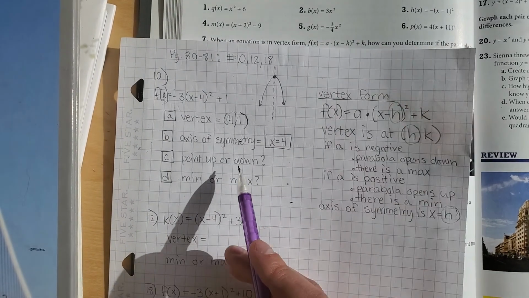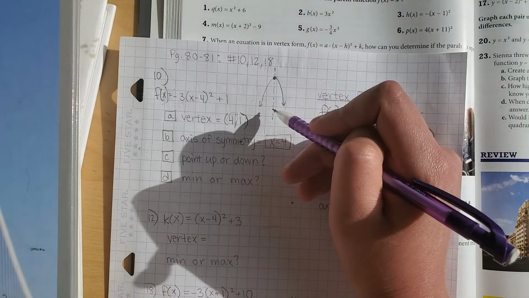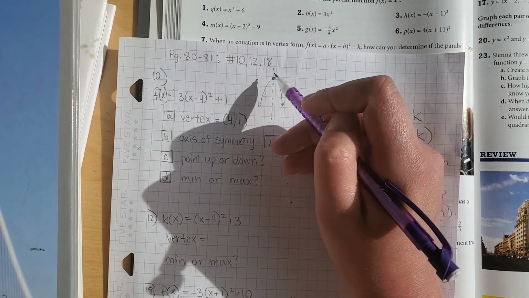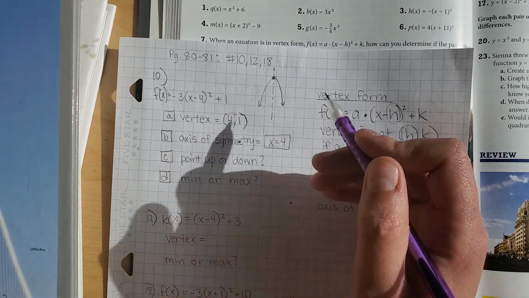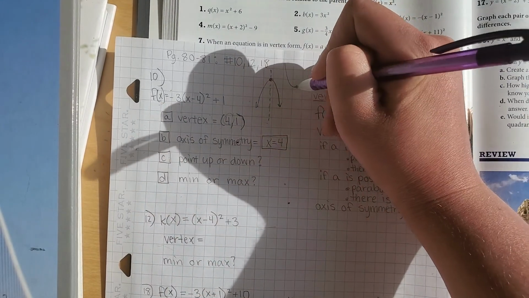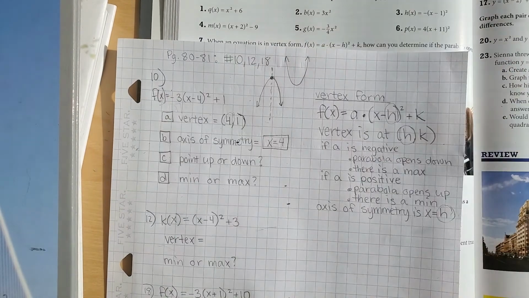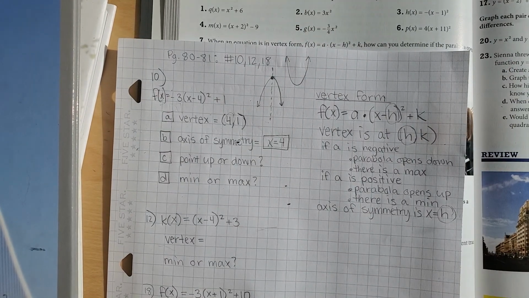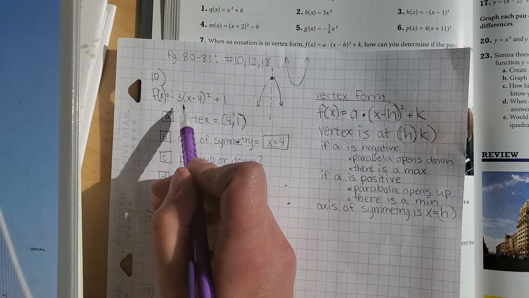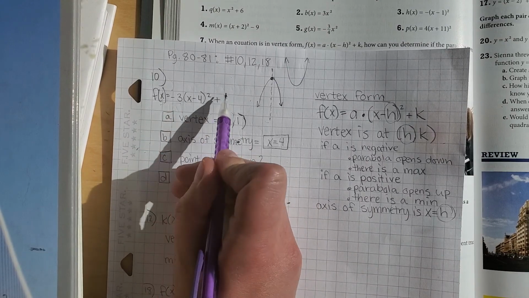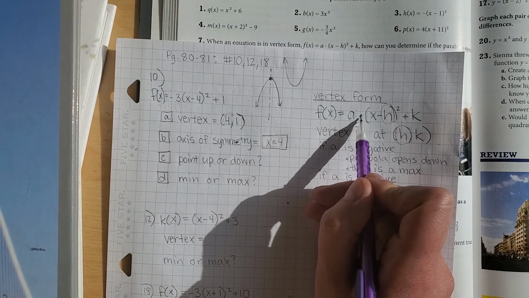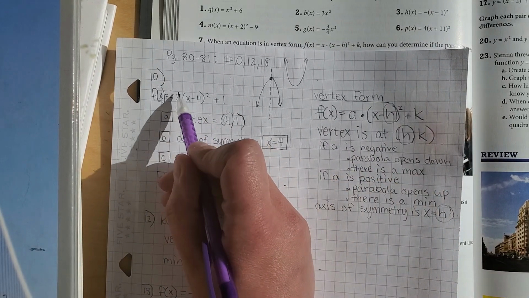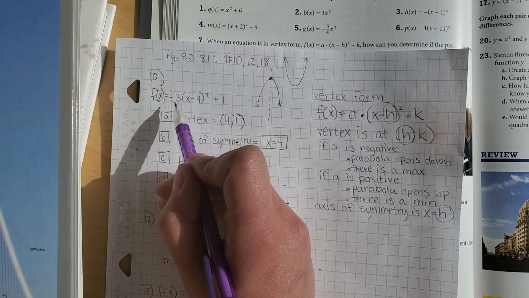Our next question is, does our parabola, and any quadratic function makes a parabola, something shaped kind of like this, point up or down? This would be one pointing down, this would be one pointing up. The way we figure that out is by looking here at the equation in vertex form, and our letter a here, this number that's being multiplied outside the parentheses, our -3, is what tells us if it's opening up or down.